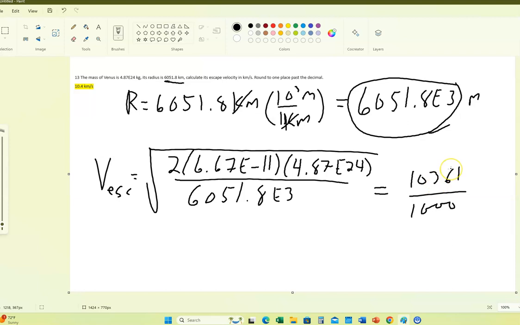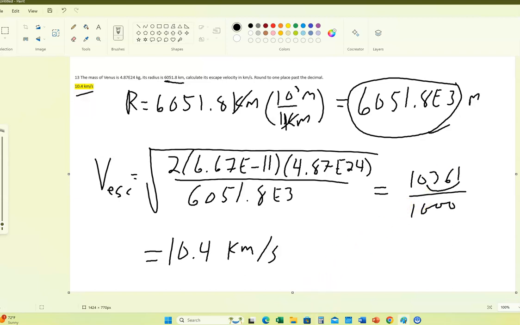Divide by 1,000, and that changes it into kilometers per second. So notice you basically move the decimal to right here. And so it would be 10.36. Since the 6 is greater than 5, we're going to round this up to 10.4. Right? So instead of a 3, we round it up to 10.4, and that answer is in kilometers per second, which is exactly what I got earlier.